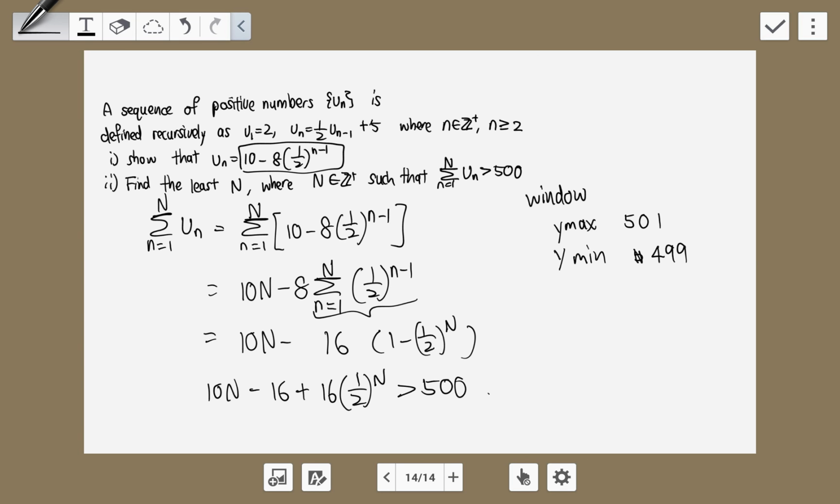So then I will plot. When I press Y equals, I will have Y1 and Y2. Your calculator should be in function mode.